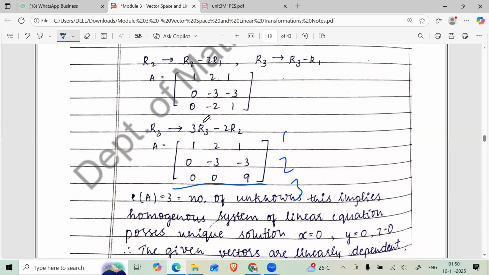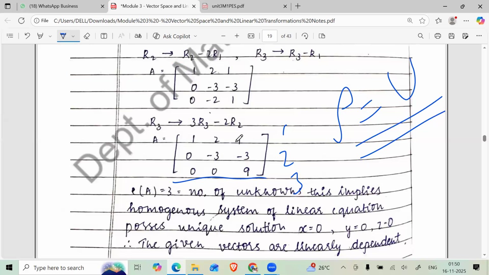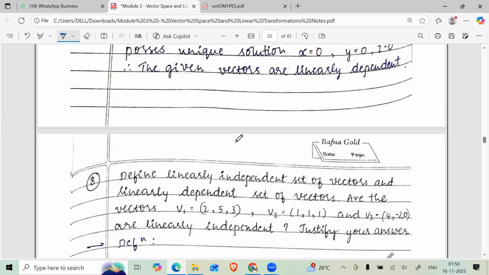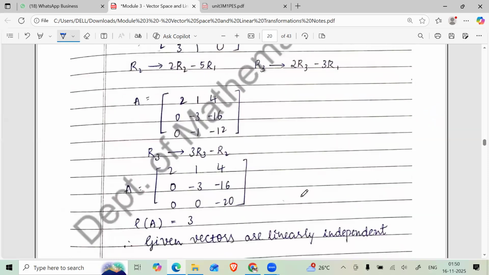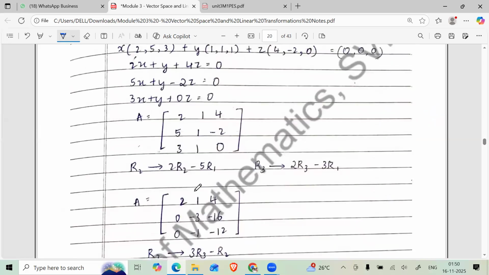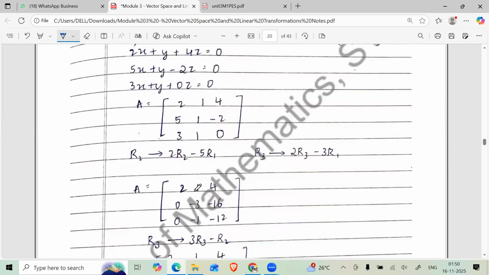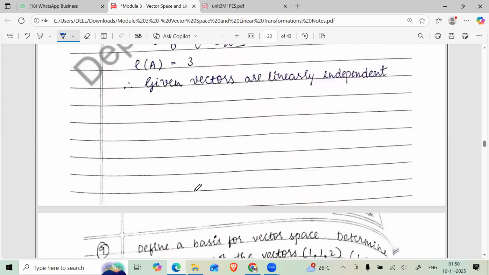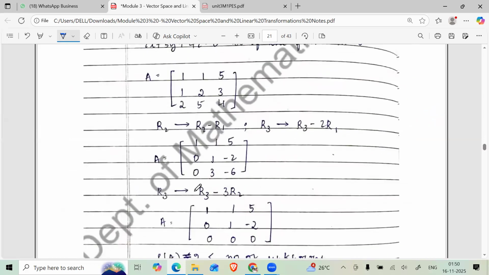Number of unknowns is also 3. So rank of the matrix is equal to number of unknowns. Similarly, these questions also. Now you don't think about what is linear dependent or independent. Now you just solve the problems. Some few problems are there in this.